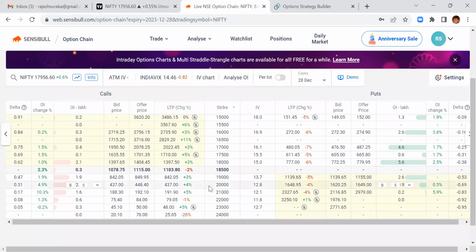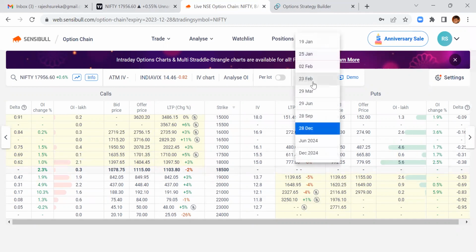That is why you can see the difference in premium at 18,000 for December 2023. If you want to sell a put option, you get only 777 rupees, whereas if you sell a call option, you get about 1400 rupees. So the market always has this belief that at the end of the year, Nifty will close higher rather than lower. That is why there is a gap between the premiums at the same strike price.